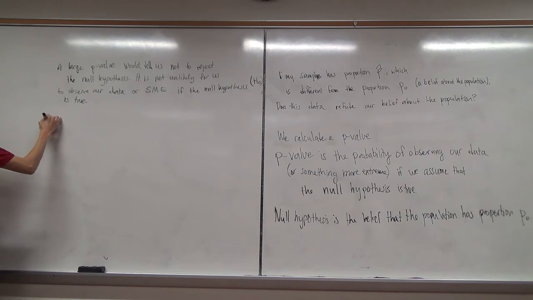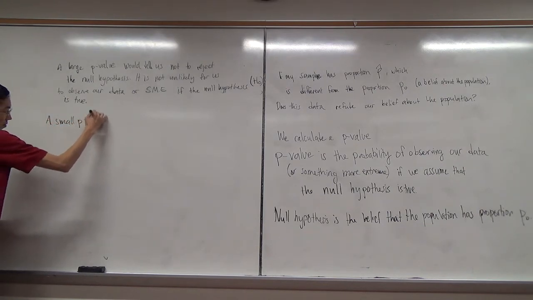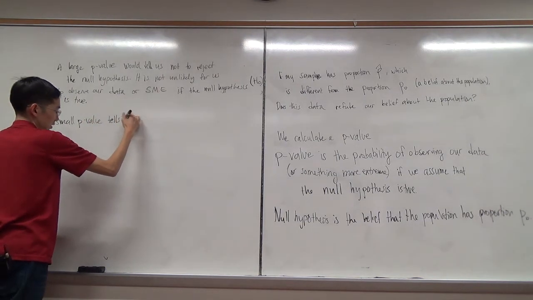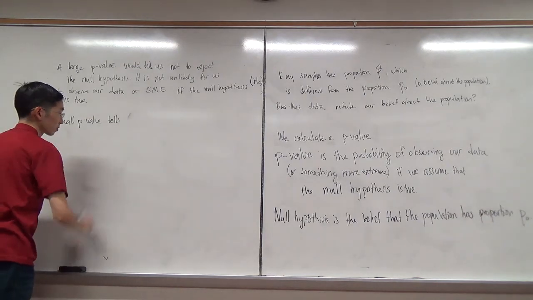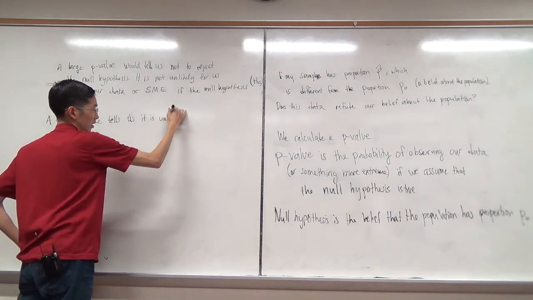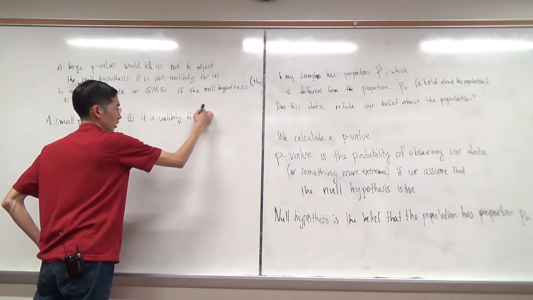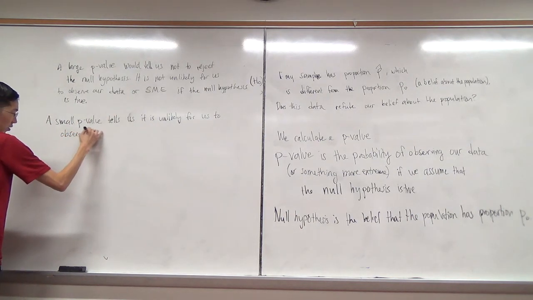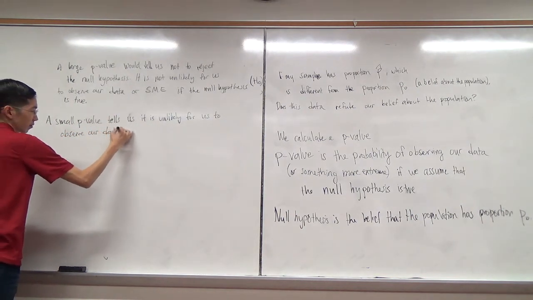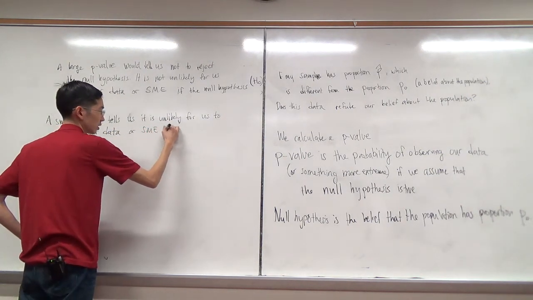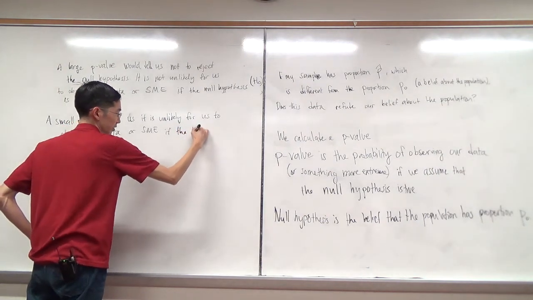And on the other hand, a small p-value tells us it is unlikely for us to observe our data or something more extreme if the null hypothesis is true.